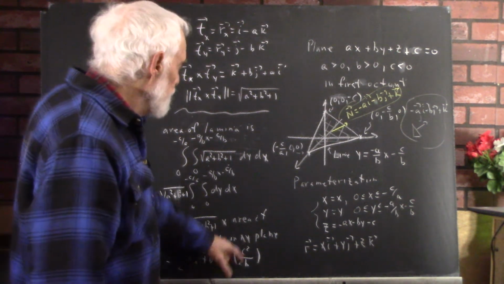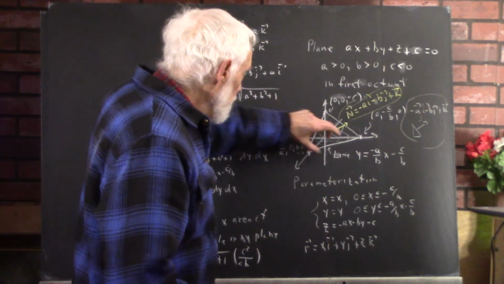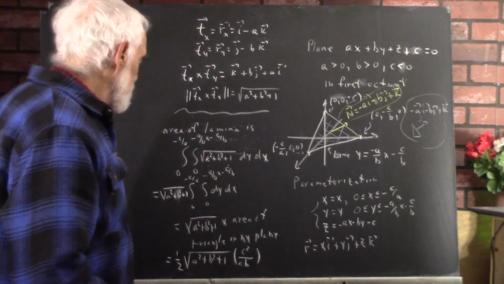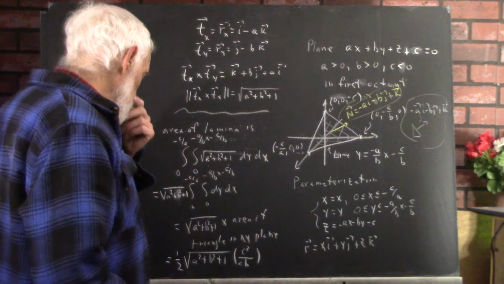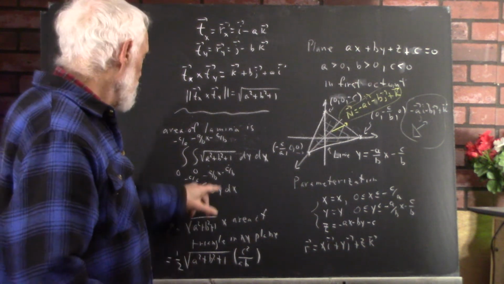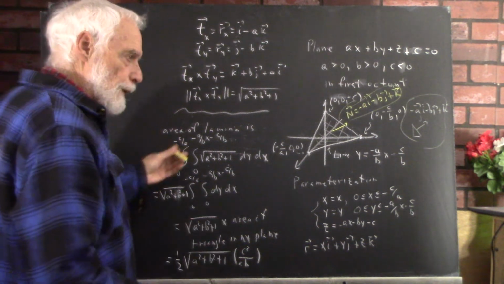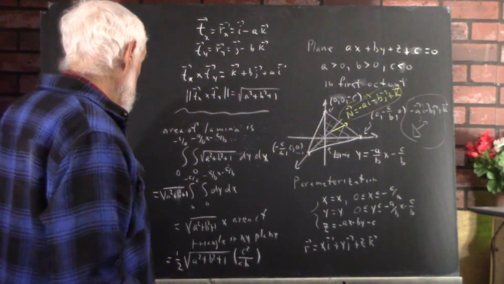And that area is c squared over ab, because you multiply the base by the altitude, you get c squared over ab, and take half of that, and you have the area of the triangle, and that's what you get if you do the integral. Now you don't want to necessarily do that integral with all the symbols, but if you do it with numbers, it's always going to come out that way.